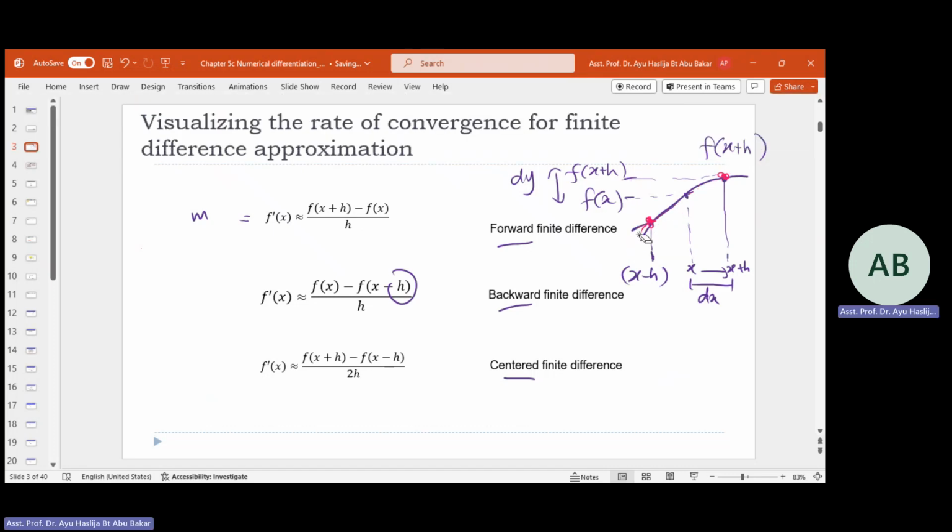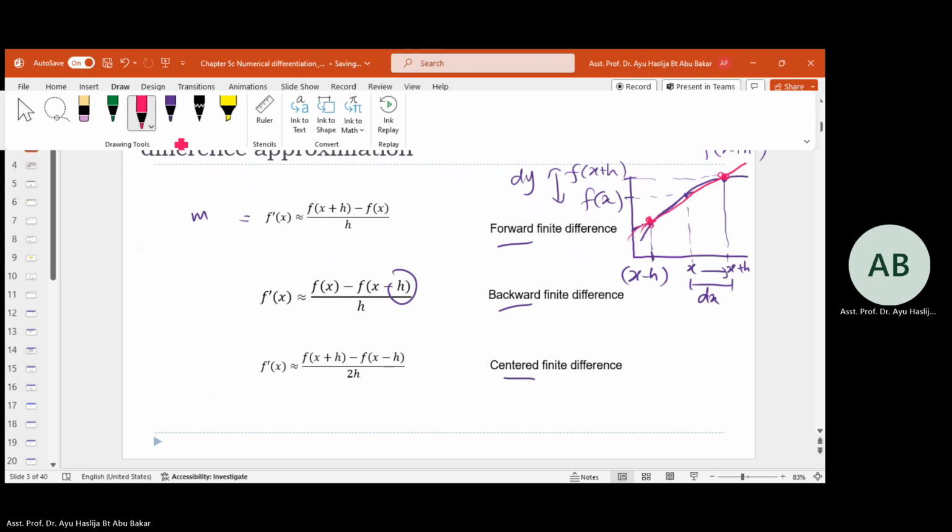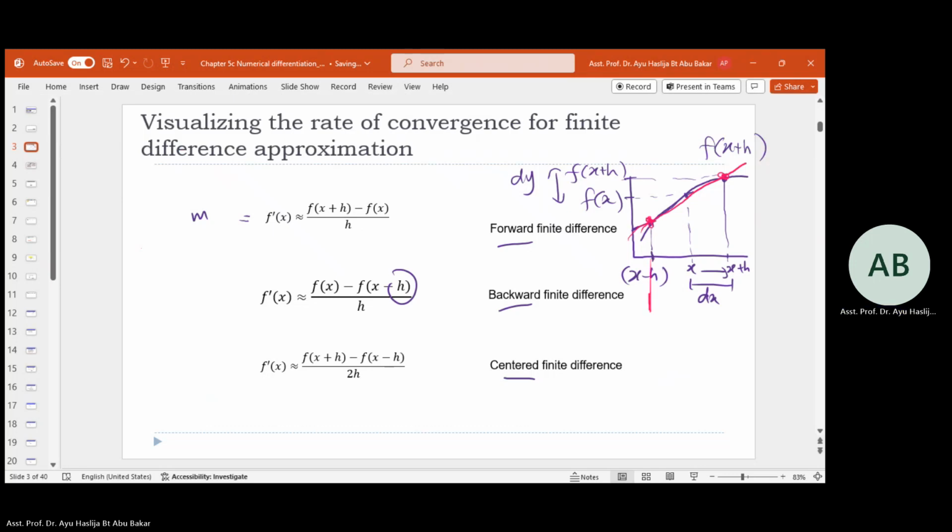Centered involves x minus h and x plus h.